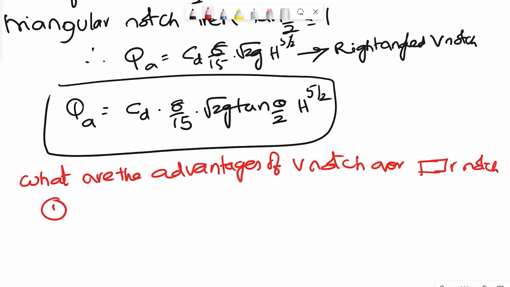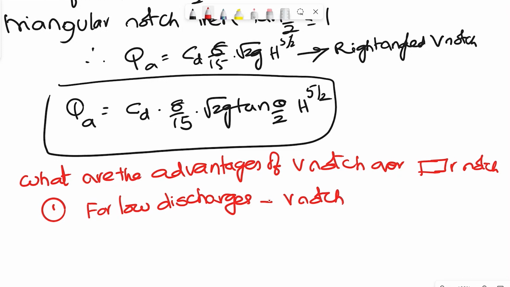Kindly remember, first thing, for low discharges, V notch gives accurate discharge.